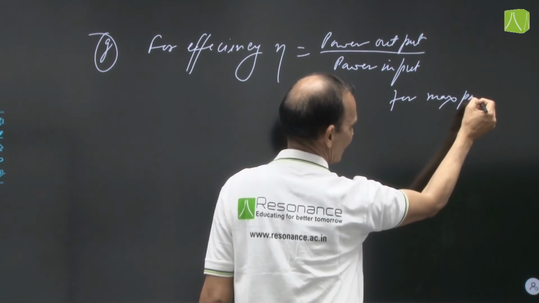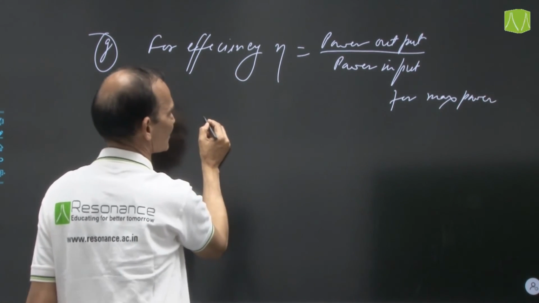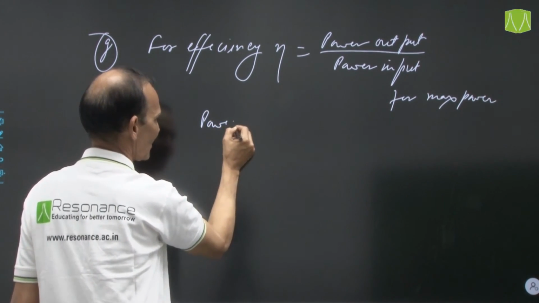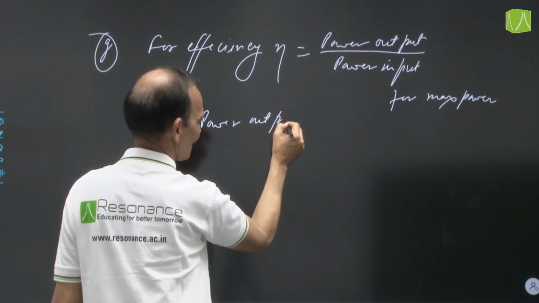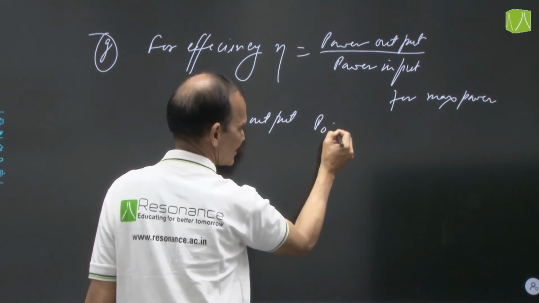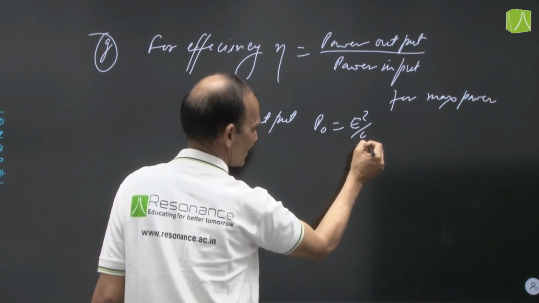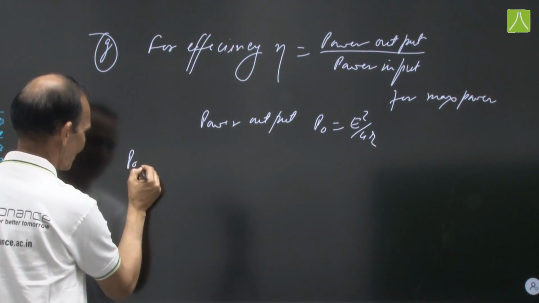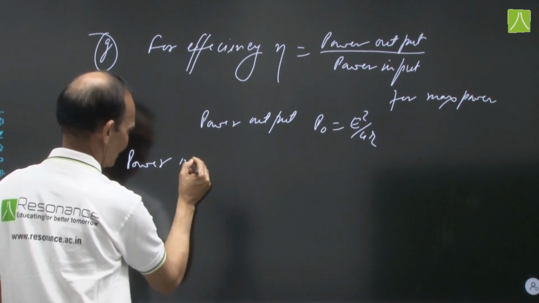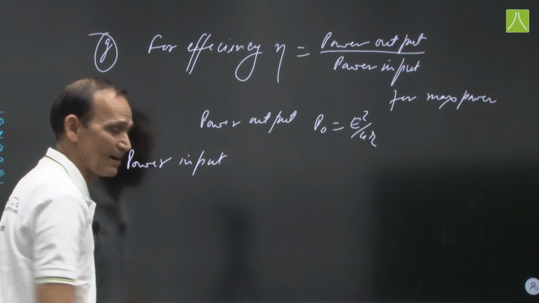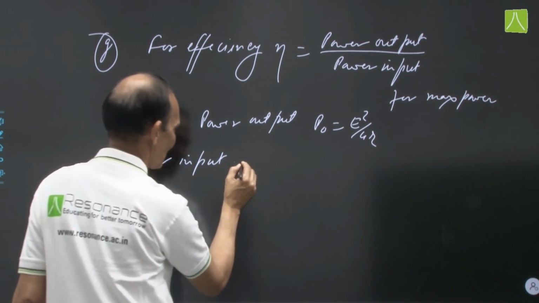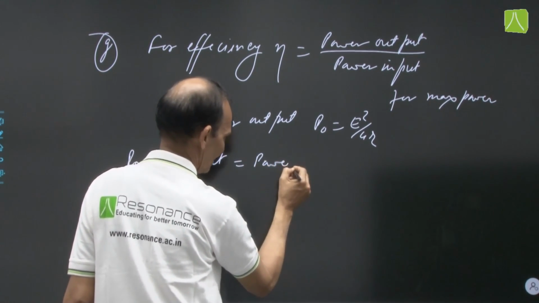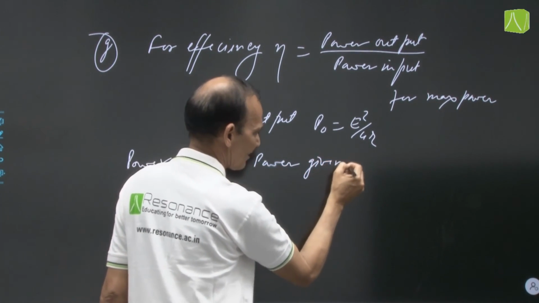Maximum power, we have already calculated power output. Power output we have already calculated is E square upon 4r. Now think about power input. Power input means power given by the battery.